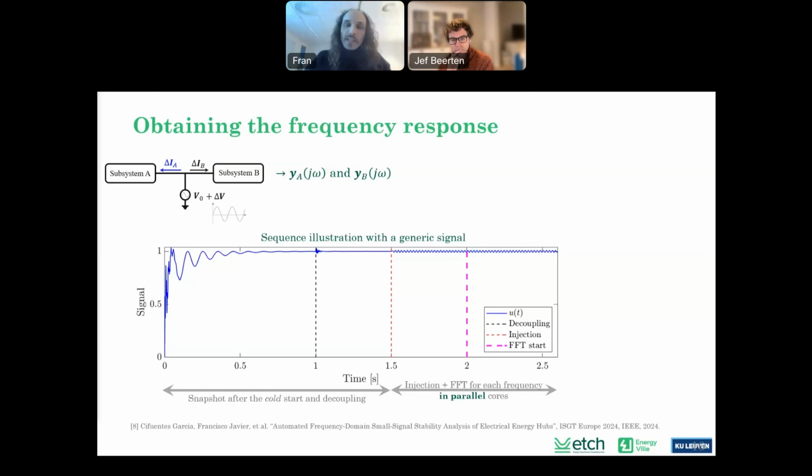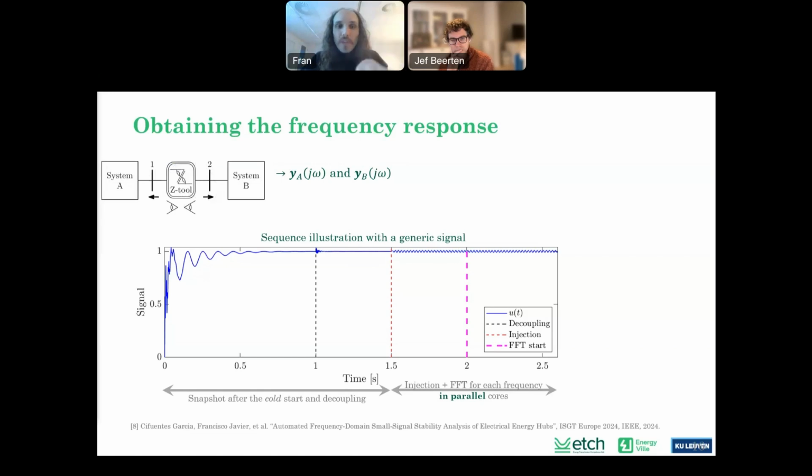And this will give us, at the same time, the frequency response of both subsystems in this example. So you can think of it as if you were looking at both sides at the same time, right? And that's also a little bit where this icon comes from, right? So you are looking at both sides at the same time, and you compute the impedance or the admittance, or the emittance, if you will.